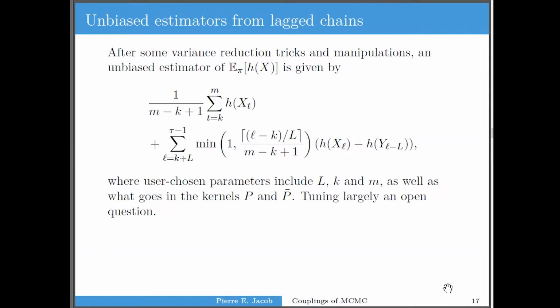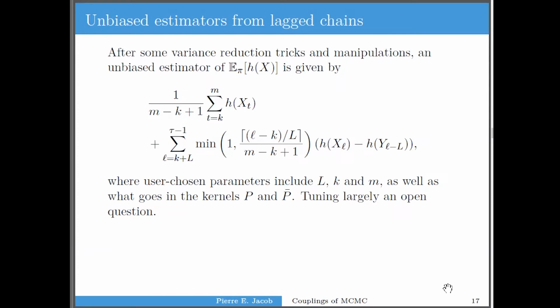This just looks like a standard ergodic average if you did m steps in total and you discarded the first k steps. But you have the second term, which we call the bias correction term, because it makes the entire thing unbiased. And the second term involves those differences between the chains with a lag and with some weight here. So you have to choose those integers that appear here, L, K, and M, that are user chosen.